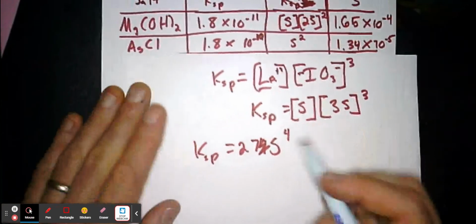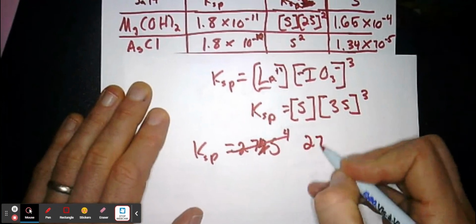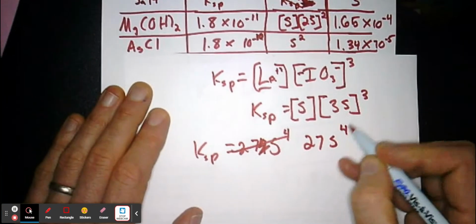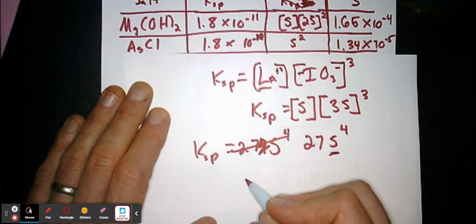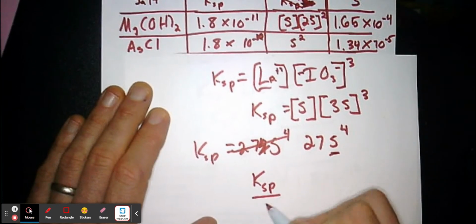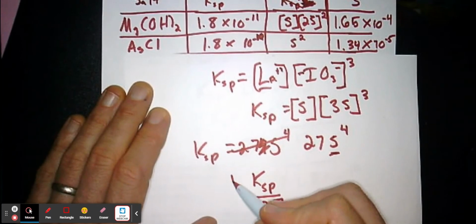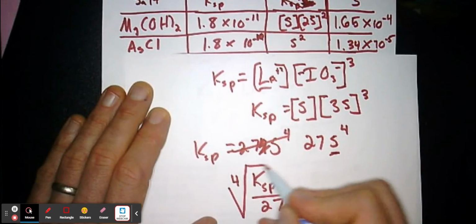27 S to the fourth. And then to solve for S, my molar solubility, I would divide my Ksp by 27 and take the fourth root of it.